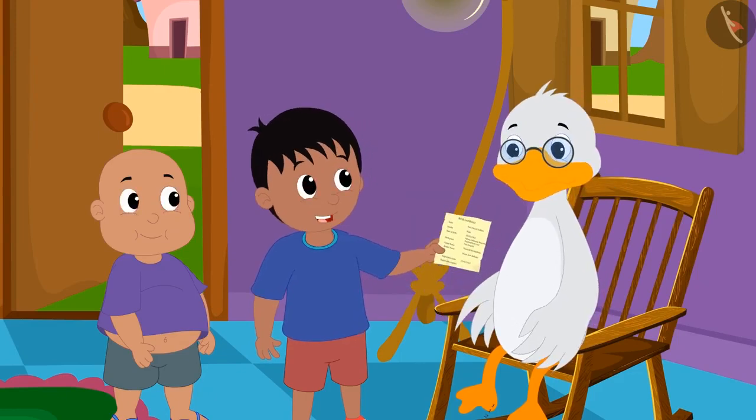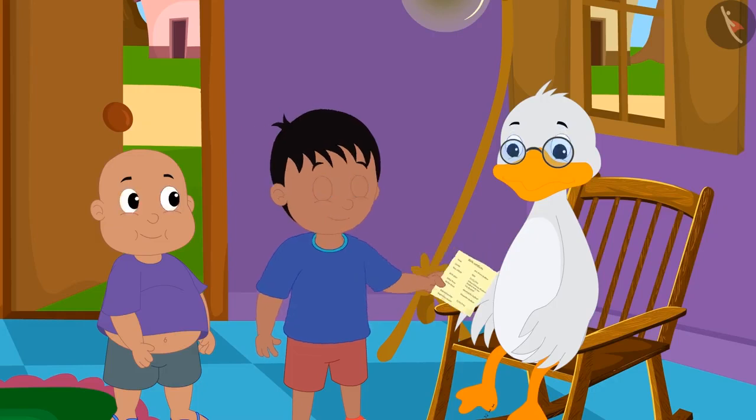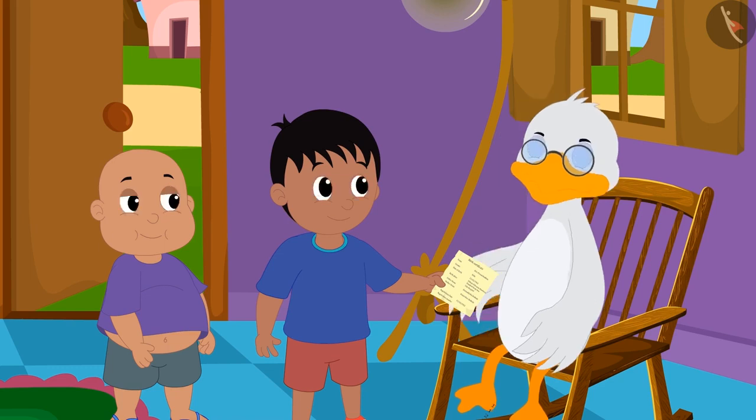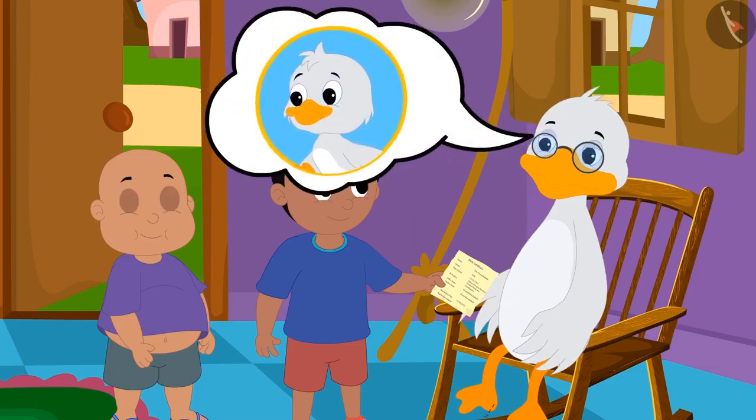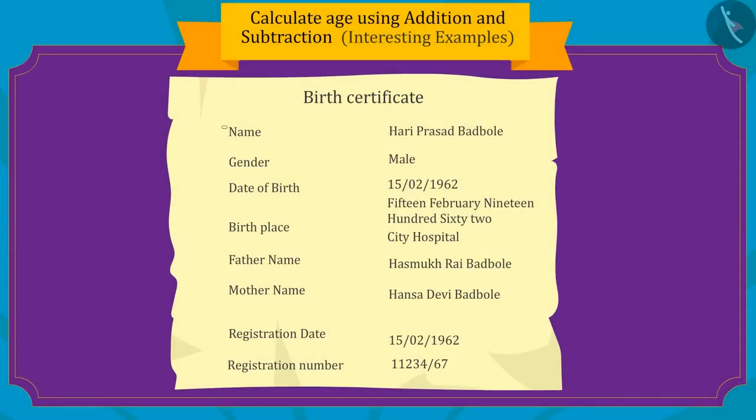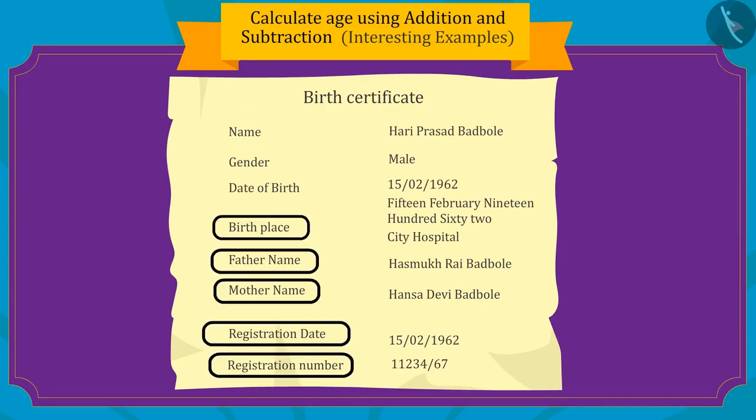What is this birth certificate, uncle? Uncle explains to them, the birth certificate is issued at the time of every person's birth. Important information is written on that, such as the person's name, date of birth, etc.